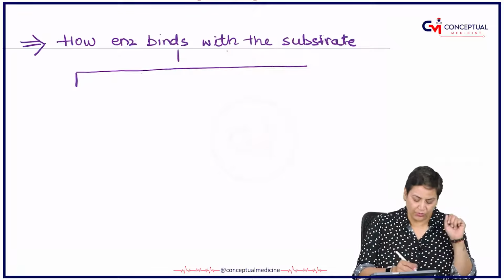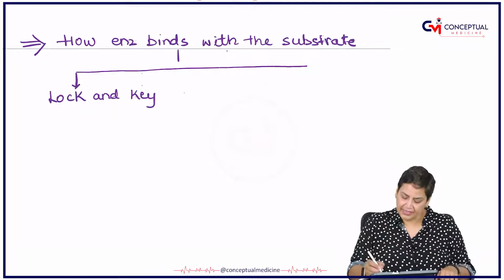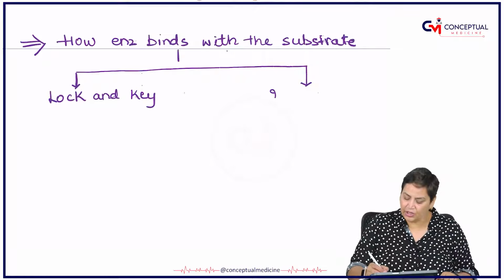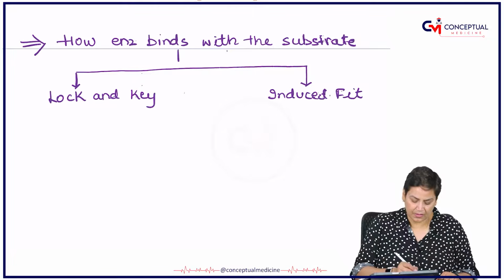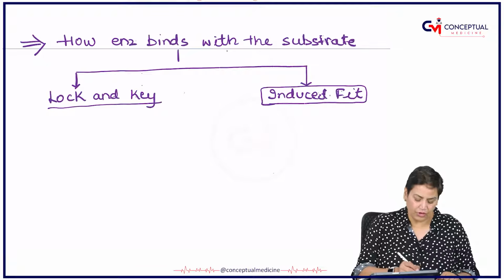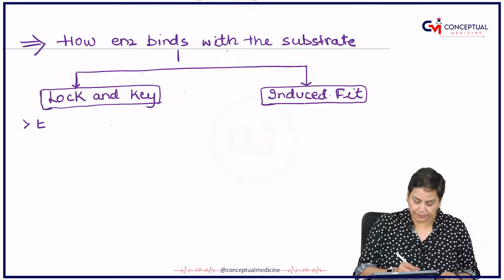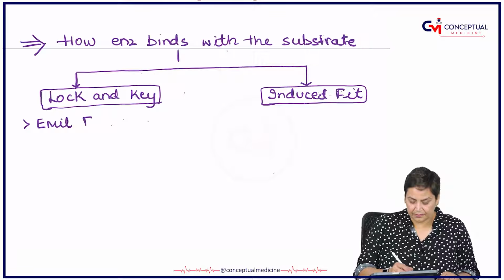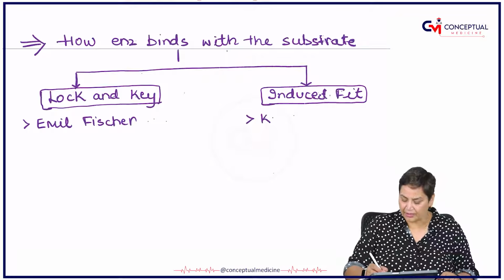The first theory was the lock and key theory, and the second was induced fit. First of all, you need to understand the basic difference between these two. The lock and key theory was given by Emil Fischer, and induced fit was given by Koshland.